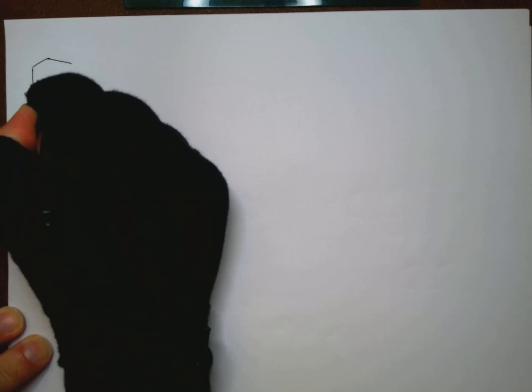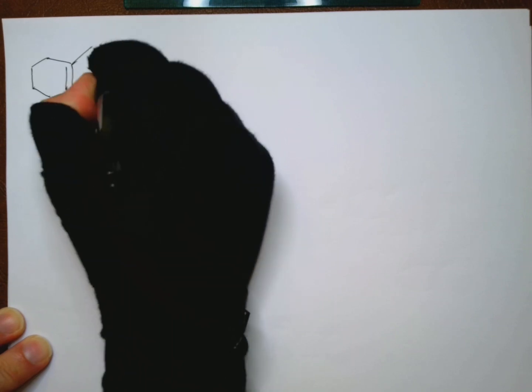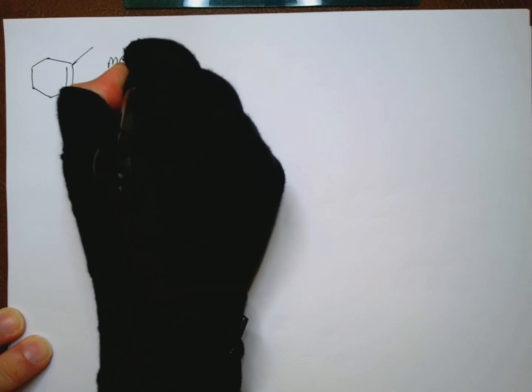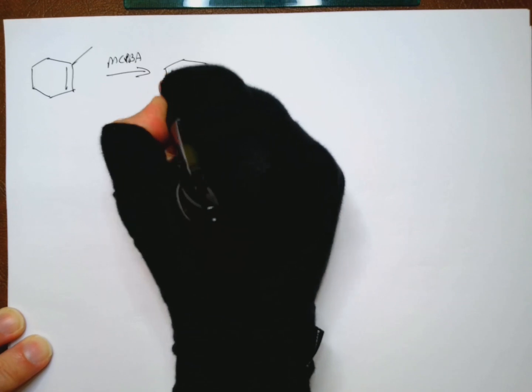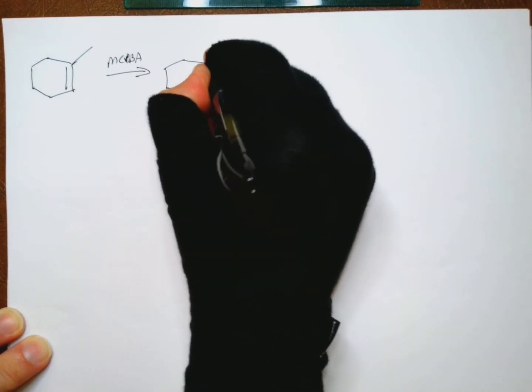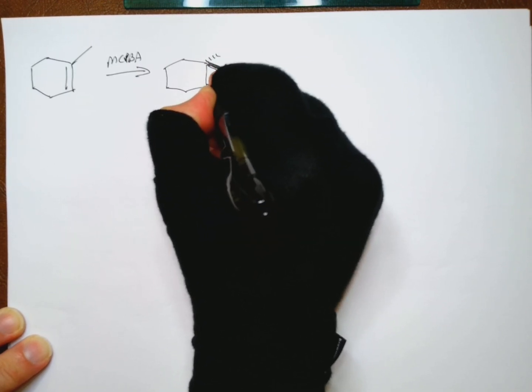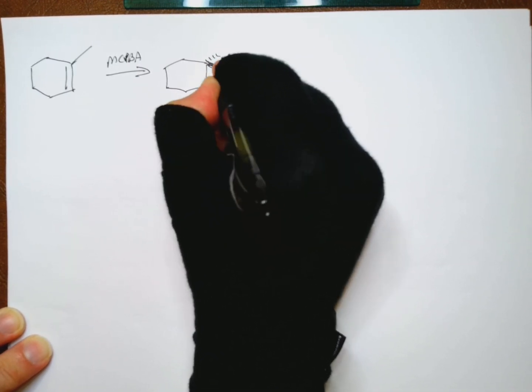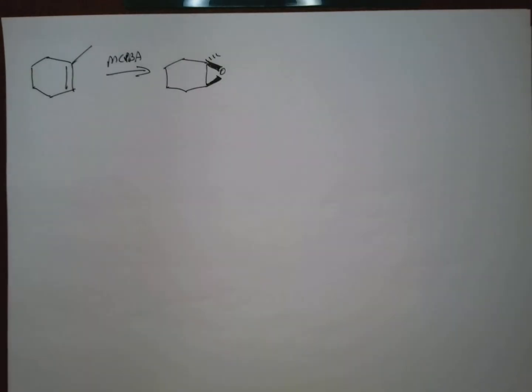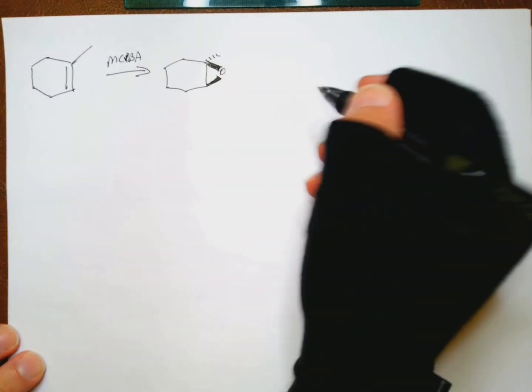Well, one area where they differ is the following. So let's say we took this and we treated this with MCPBA. I would now have the following epoxide.